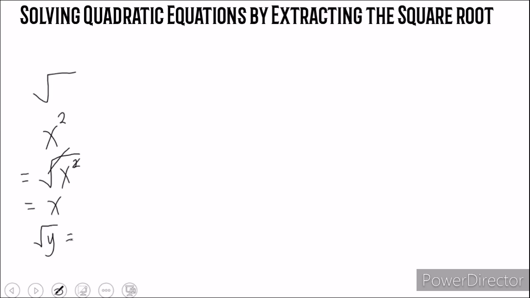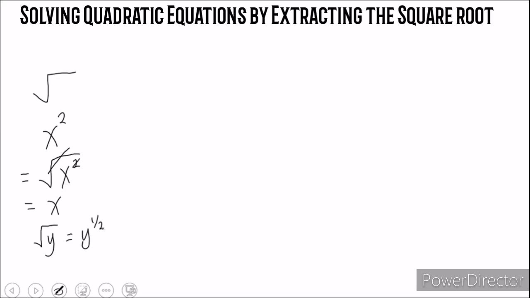Kapag square root of y, i-convert natin siya into exponent, it will give us y raised to 1/2. So yun yung katumbas ng radical sign. Again, yung square root na radical sign is equivalent to raised to 1/2.